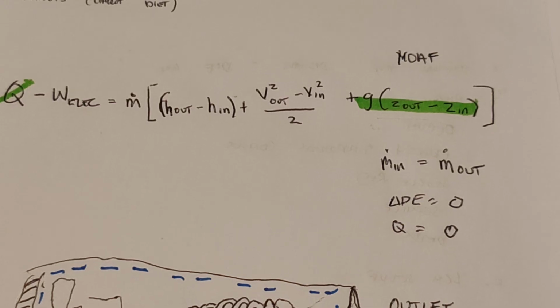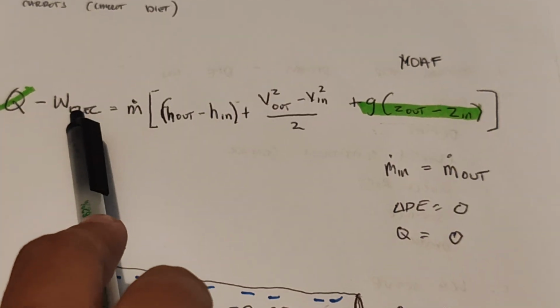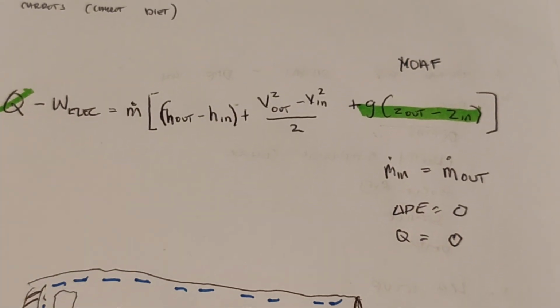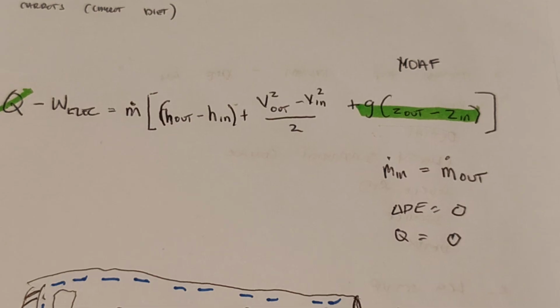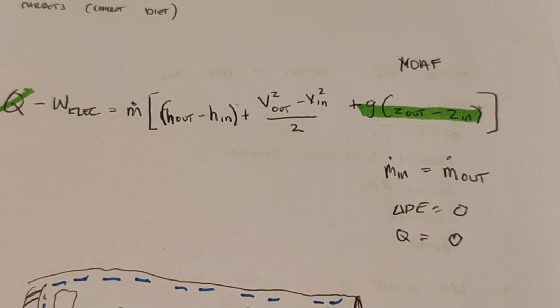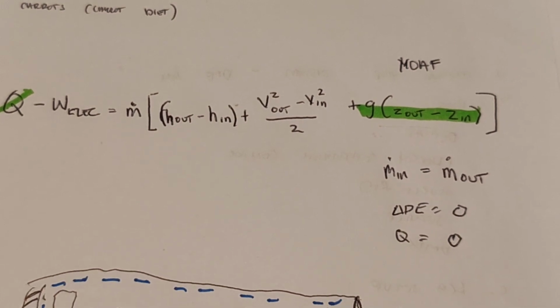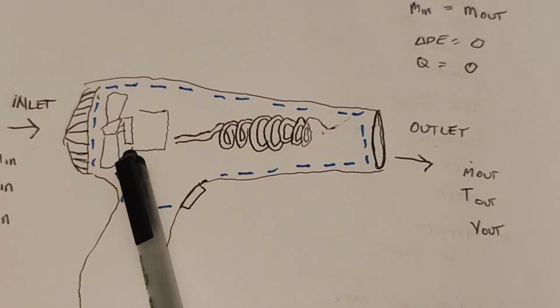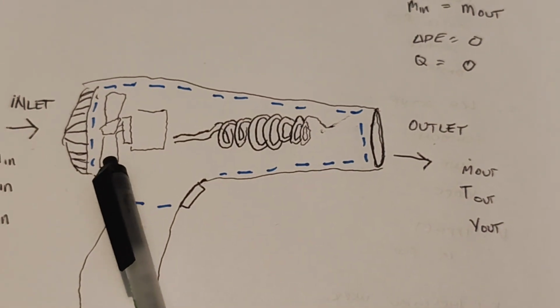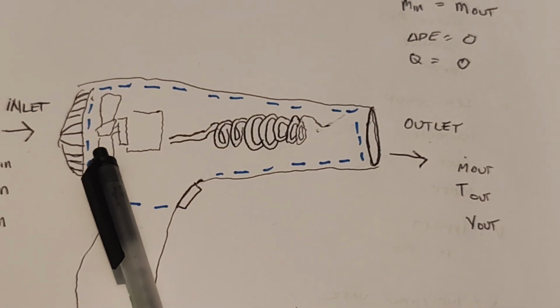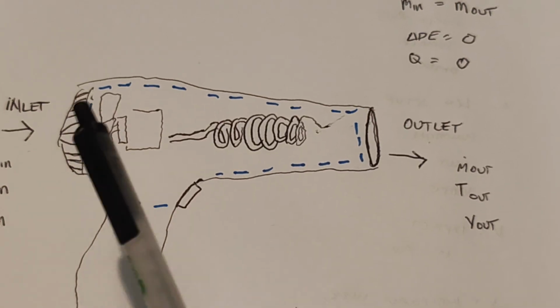Aside from that, now we're left with this electricity. So this is our shaft work or electric work. You will see W shaft in our textbooks and lecture notes. This is the mechanical energy we use to spin the blades on the inside of the blower.